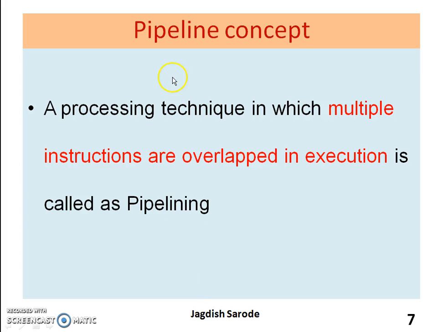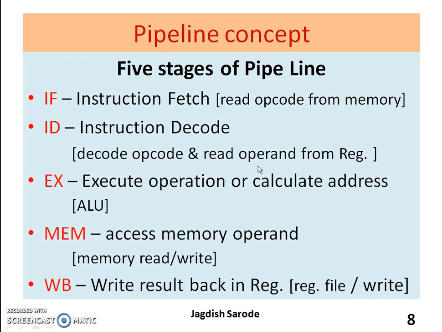Next concept, the most important concept of RISC architecture, is the pipeline concept. Pipeline concept is nothing but overlapping of the execution of multiple instructions. So multiple instructions are overlapped in the execution phase, and that type of execution is called pipeline architecture. Generally, pipeline architecture has 5 stages: fetch, decode, execute, memory write, and result write.